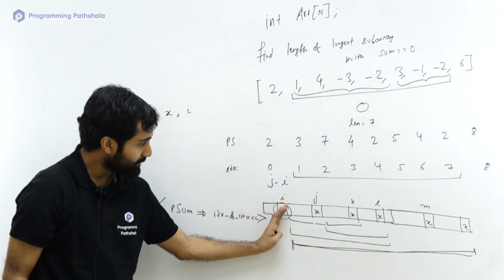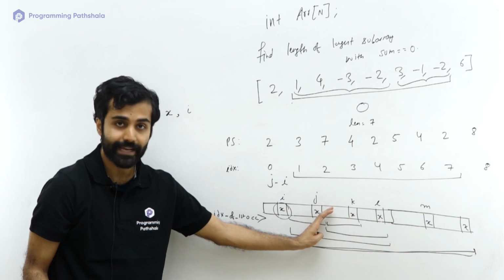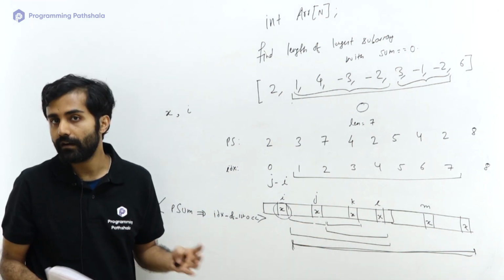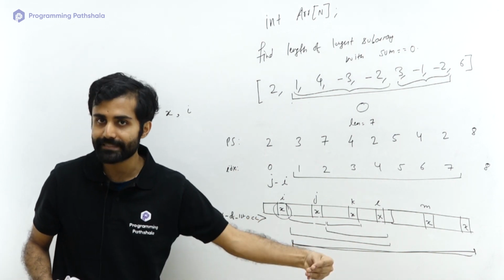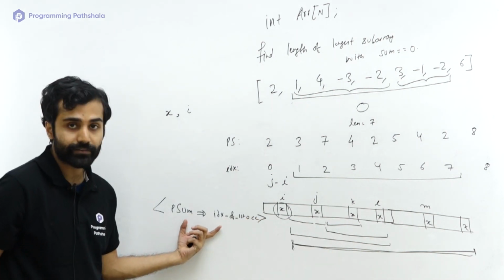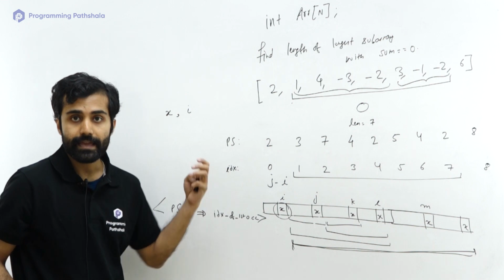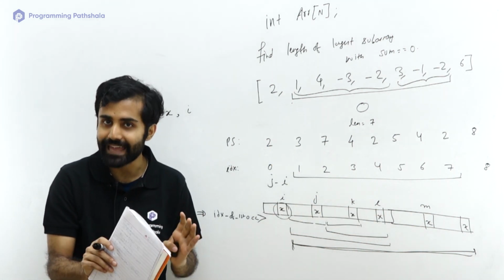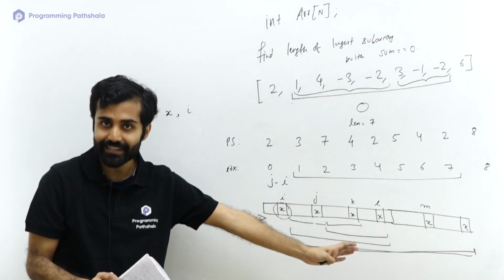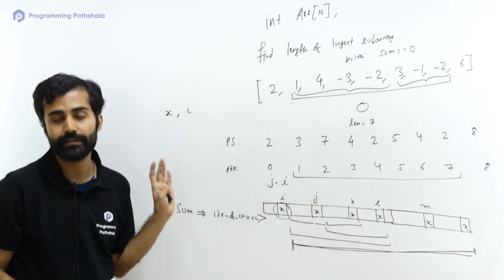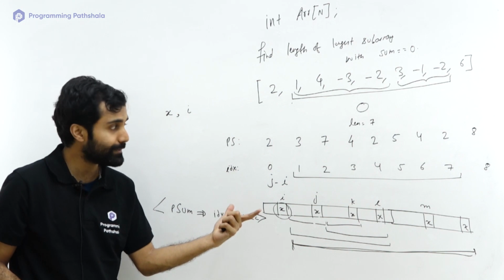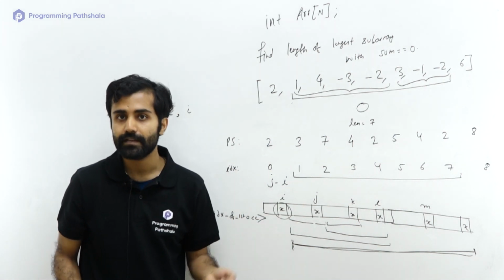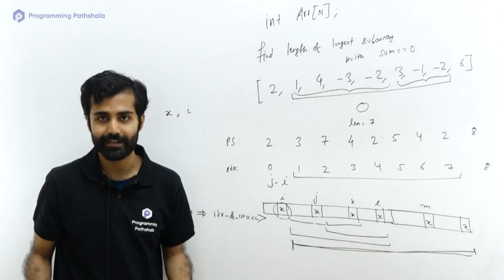So the part from I plus 1 to index j would have a sum of 0. So I can say that, hey, if a prefix sum is coming for the first time, I'll make an entry for that in my hash table. And if it is repeating, then I'll just measure the gap between the current index and the index of its first occurrence. And if that gap is greater than the previously encountered answers, I'll update my answer. And that's how I'll keep moving on and on.